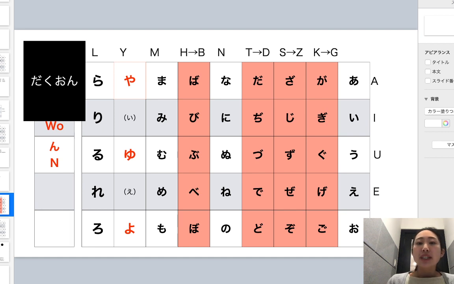So from G sounds, let's pronounce it together. Ga, gi, gu, ge, go. Ga, gi, gu, ge, go. Okay? And let's go to Z sounds. Za, ji, zu, ze, zo.